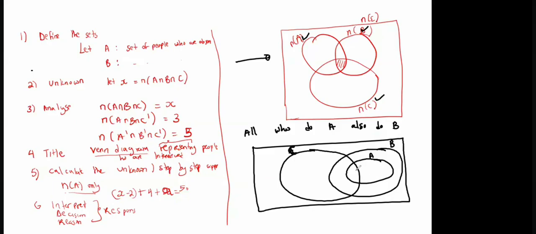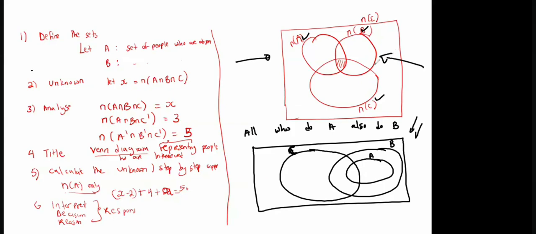So you need to first sit down and understand the question. Because when they tell you that all those who do A also do B, all those who are doing A, something like that, you may find that you need to do a Venn diagram in this nature. So do not cram that it is always supposed to be this.